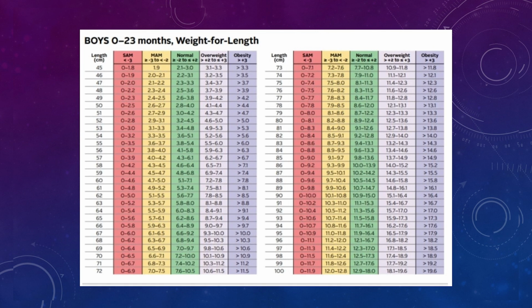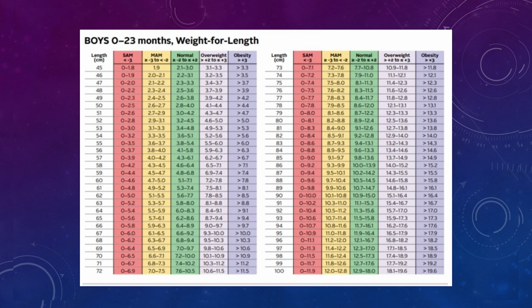Now, this chart is suggestive of the weight for length of boys, that is for the male child, in the age group between 0 to 23 months. This chart shows us whether there is severe acute malnutrition or moderate acute malnutrition, or the child is overweight or obese, along with the normal range.